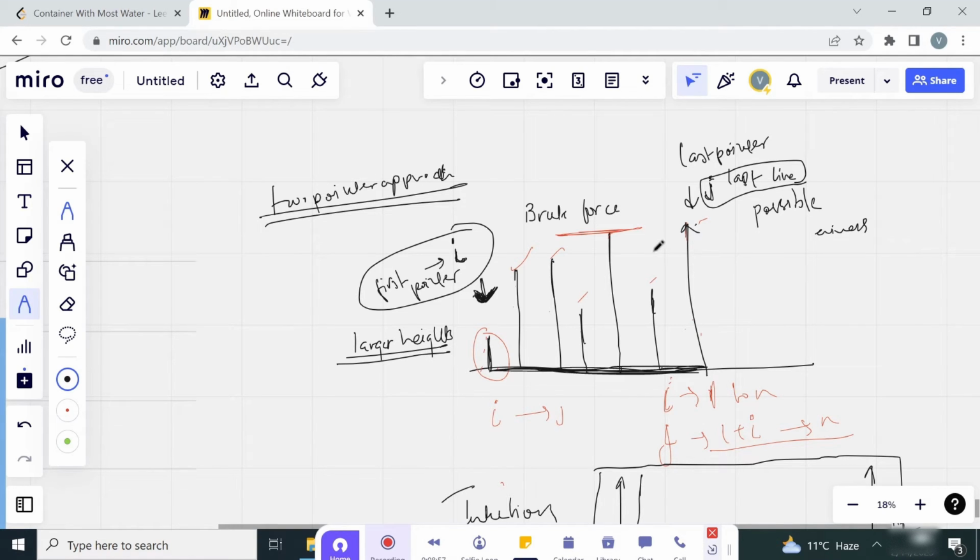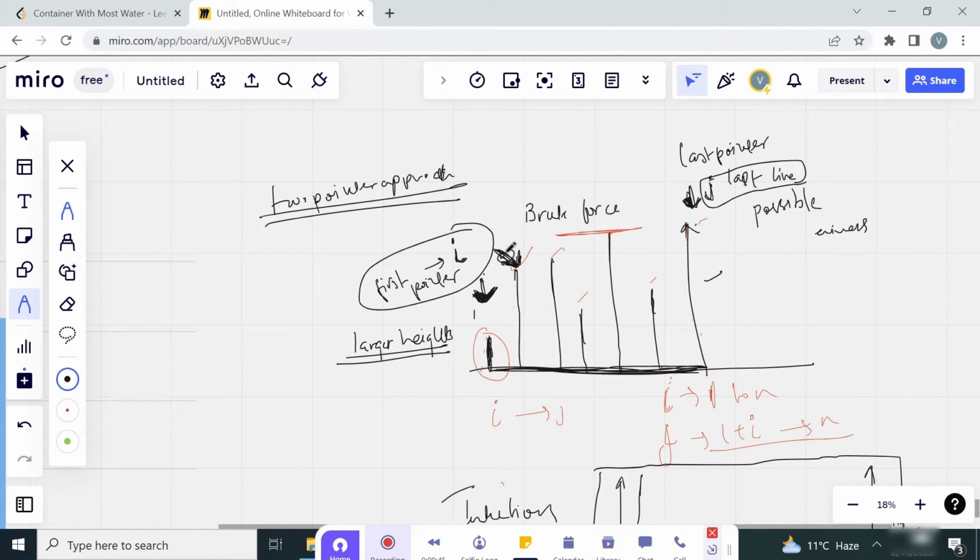Whichever height of the lines, either for the first pointer or the last pointer, is smaller, we move that pointer from smaller to larger, because the probability of finding a larger container is higher if we move from the smaller height to the larger height.